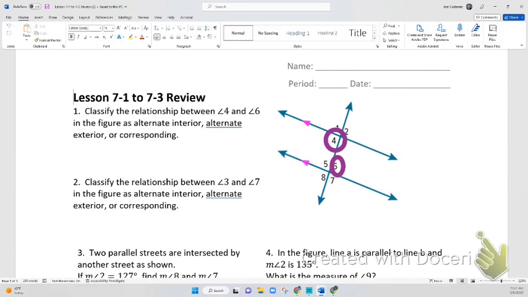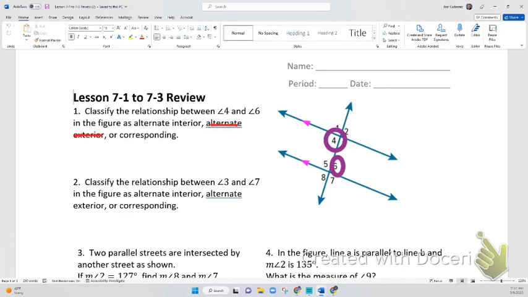They are both on the inside. That means interior. They're not on the outside, so there's no way it can be exterior. So do yourself a favor and go ahead and cross out the one that says alternate exterior. So we are left with alternate interior and corresponding.